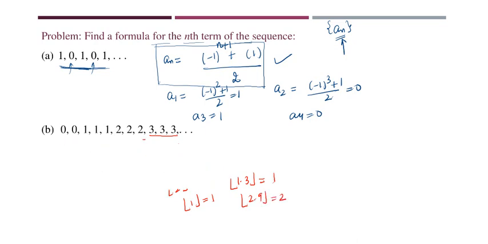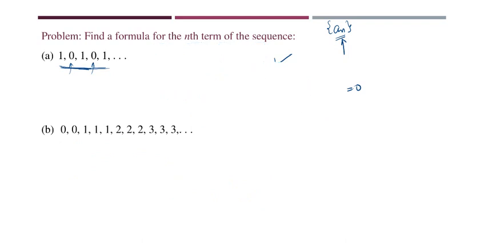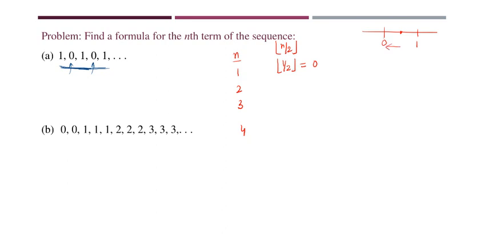Now let's try to write the formula for the nth term. So my n will vary from 1, 2, 3, 4. Let's try to write the floor function of n by 2. So the floor function of 1 by 2 will be 0.